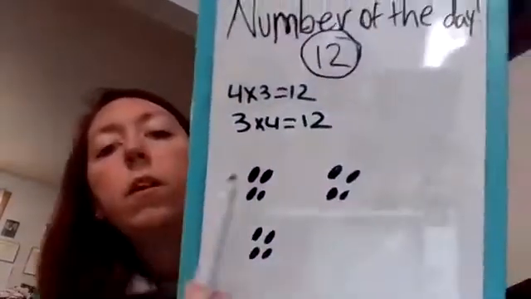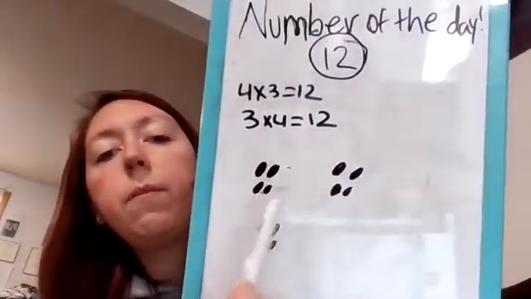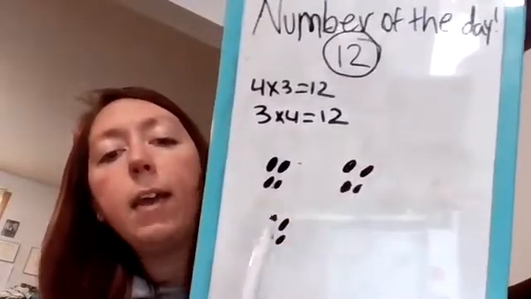So we're going to create 3 groups of 4. And I'm going to do that right now on my board. 3 groups of 4. So we have 1, 2, 3, 4, 5, 6, 7, 8, 9, 10, 11, 12. Perfect.